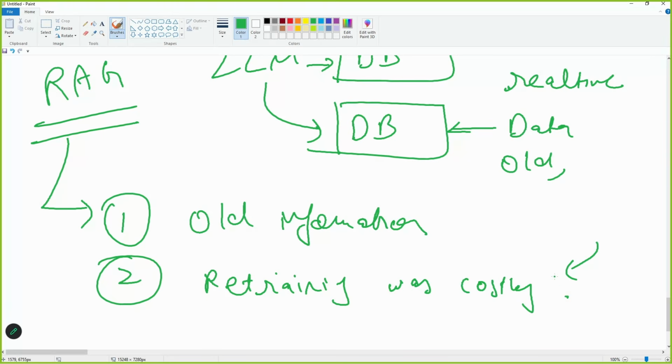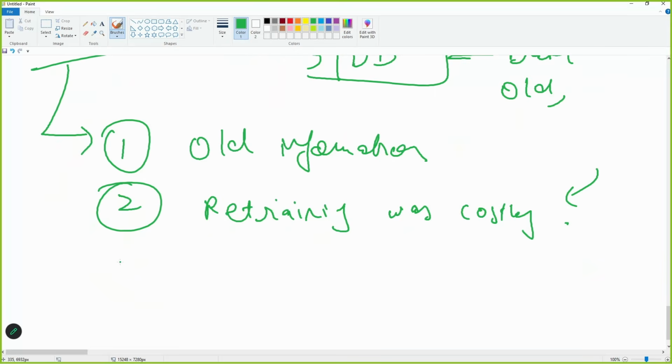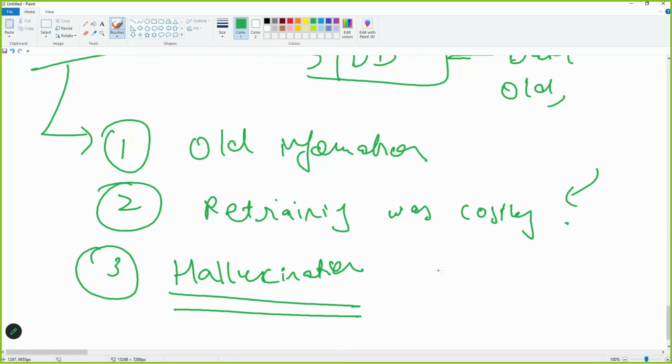There was another third reason, which is a very famous concept called hallucination. Hallucination is a very widely famous term in the artificial intelligence or agentic AI space. We say that your model hallucinates.